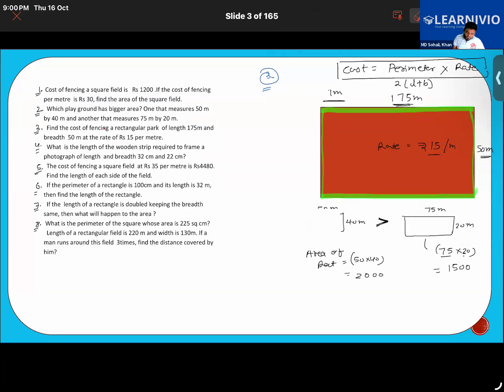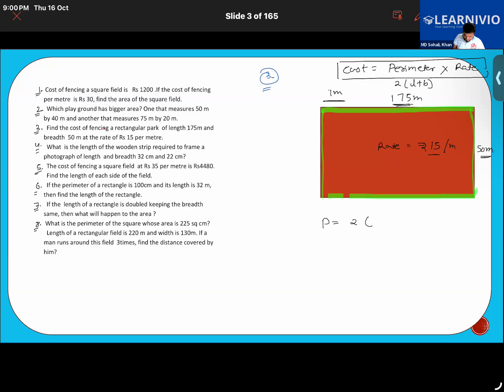The perimeter you're telling me is not correct. So it's 225. So 2 into 175 plus 50, that is 225.